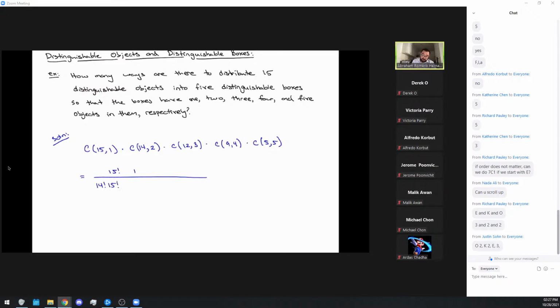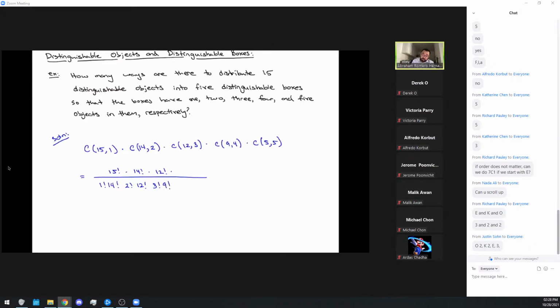Then 14, comma 2 is 14 factorial in the numerator, and the denominator is 2 factorial times 12 factorial. Actually, this should be 15, this should be a 1, and that should be a 14. I messed it up there. Okay, 12, comma 3: 12 factorial on the numerator, and then denominator, 3 factorial times 9 factorial.